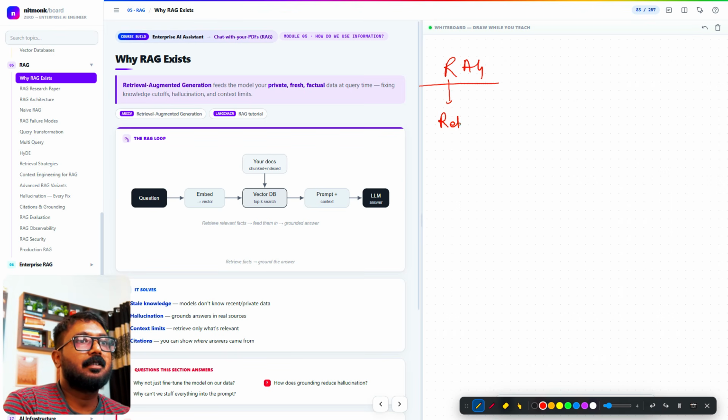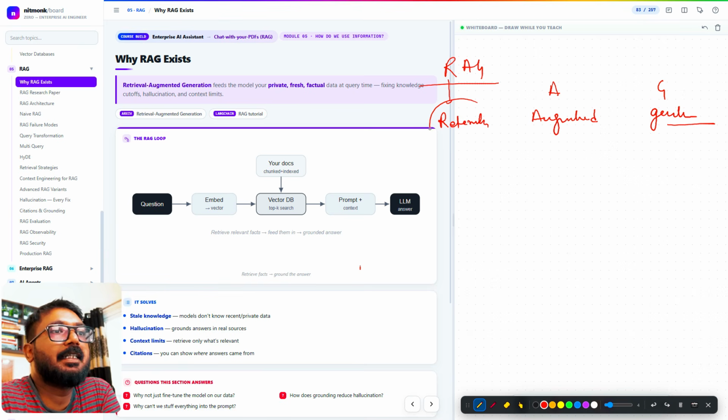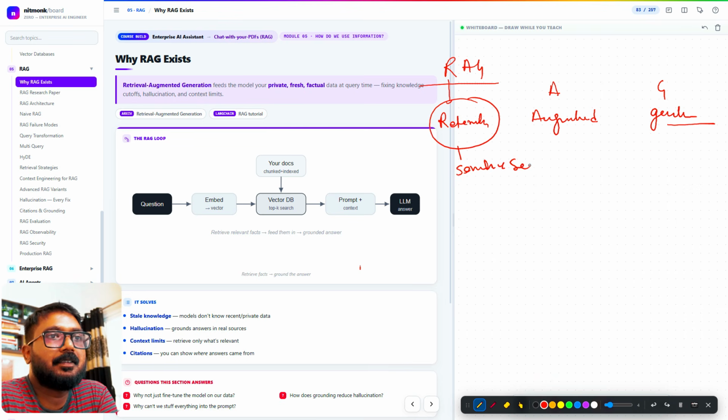R for retrieval, A for augmented, and G for generation. Retrieval is basically trying to retrieve the document. So you either apply semantic search, or you apply metadata filtering, or you apply BM25, or you apply HyDE.